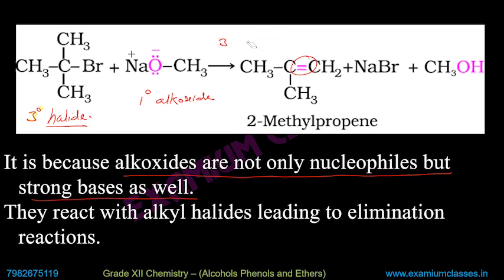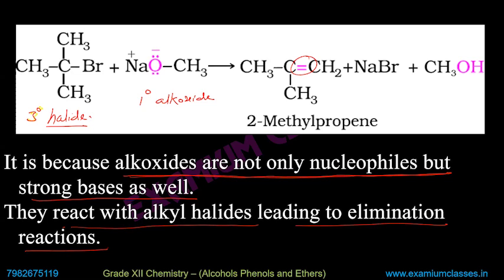Base means willing to lose electrons. To answer, you need to remember why: alkoxides are not only nucleophiles but also very strong bases. So they react with alkyl halides, leading to elimination reactions in this case.